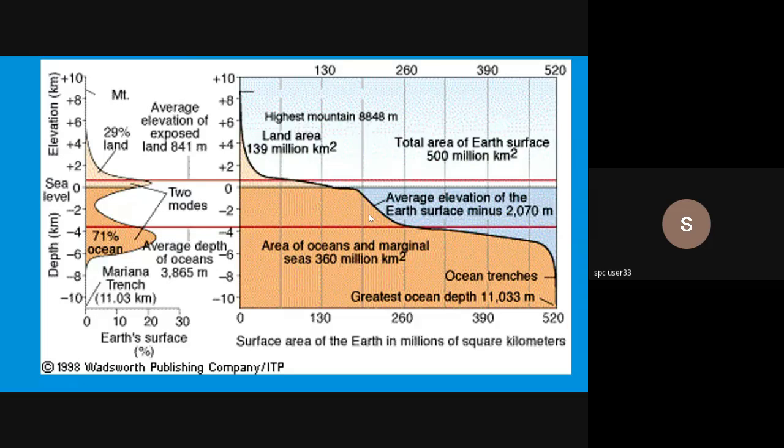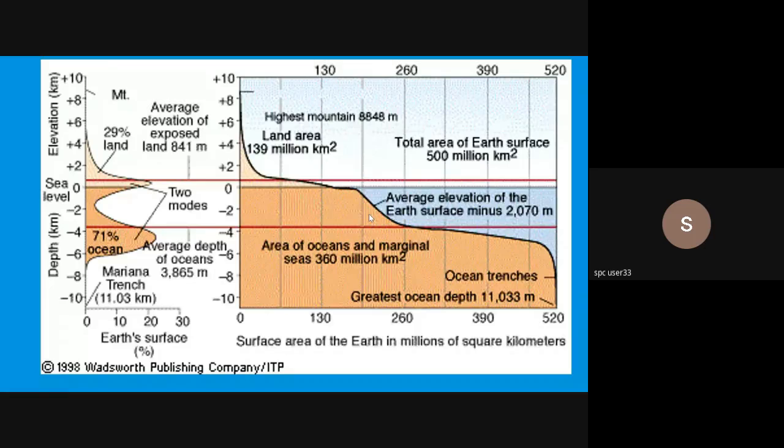From the highest point, that's obviously Mount Everest, 8848, the total land area is around 139 million square kilometers, and of course the area of the oceans is around 360 million square kilometers. I believe what they have done is they have rounded up to 500 million square kilometers.